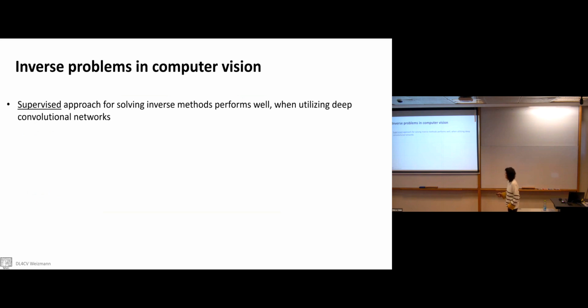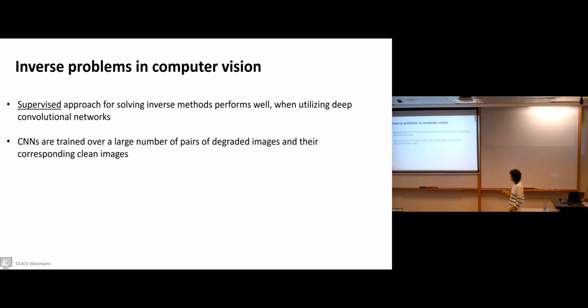So far, also in the deep learning era, supervised approaches for solving these problems perform very well when they are based on convolutional neural networks. They are trained over a very large number of pairs of degraded images and their corresponding clean images.